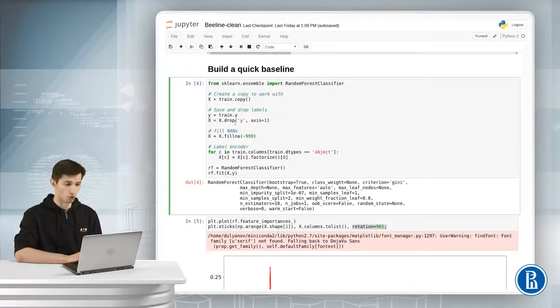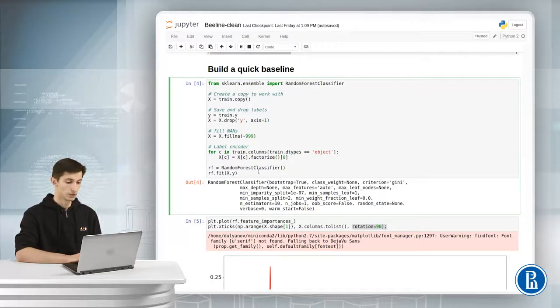Of course, we need to drop the target label from our data frame as it is included in there. We'll fill null values with -999, and let's encode all the categorical features that we can find by looking at the dtypes property of our data frame. We will encode them with label encoder, and it is easier to do with the function factorize from pandas.